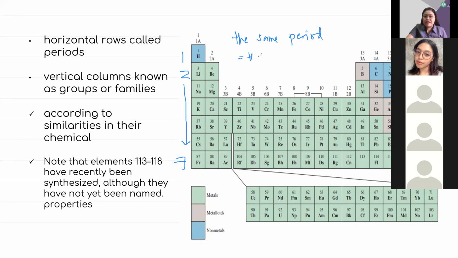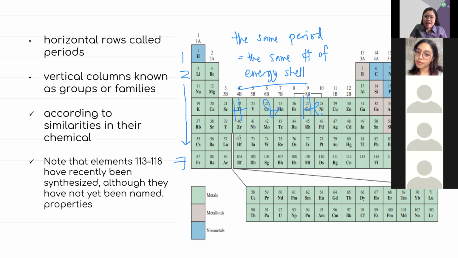They have the same number of energy shells. An energy shell is where we find the electrons. What does that mean? Example, period number 1 has only two elements, hydrogen and helium. These two have the same number of energy shells, and since they belong to period 1, it means they have 1 energy shell.